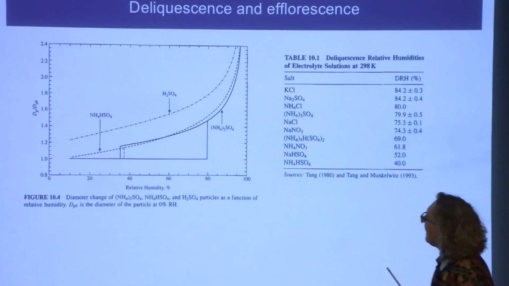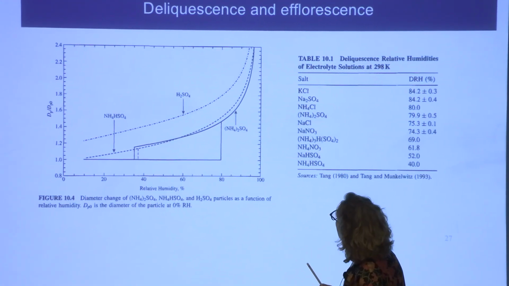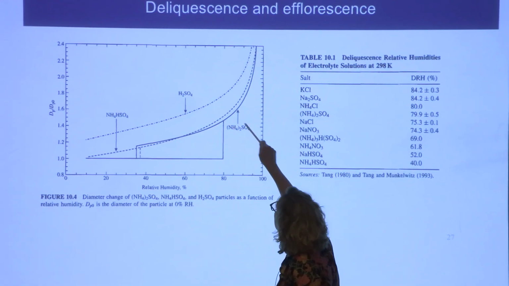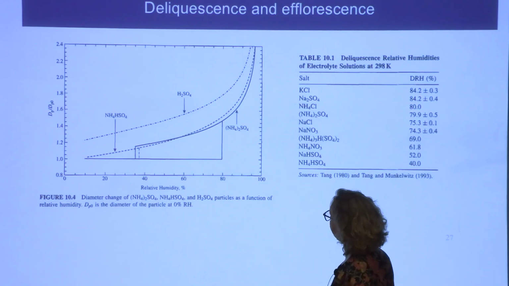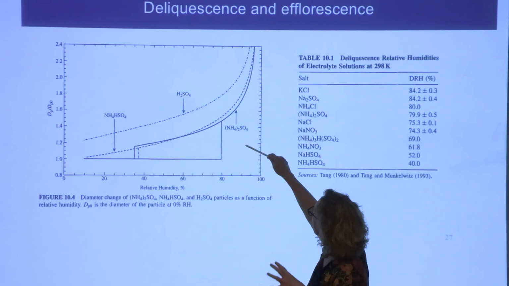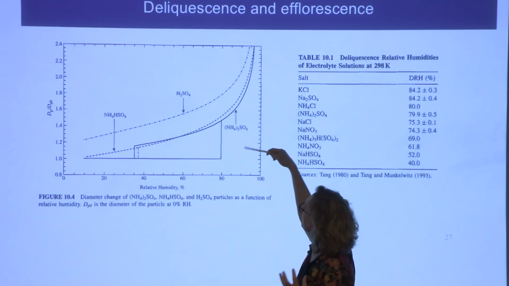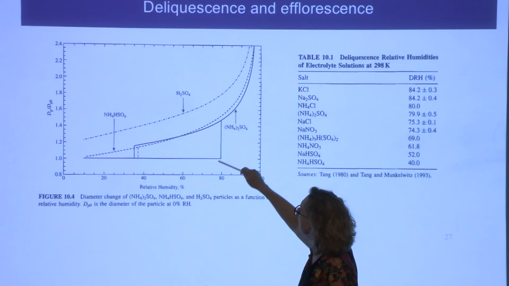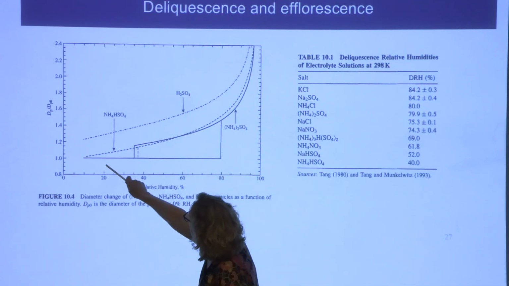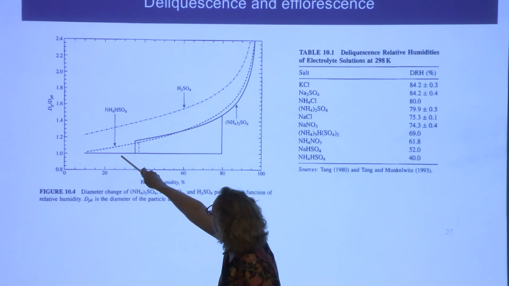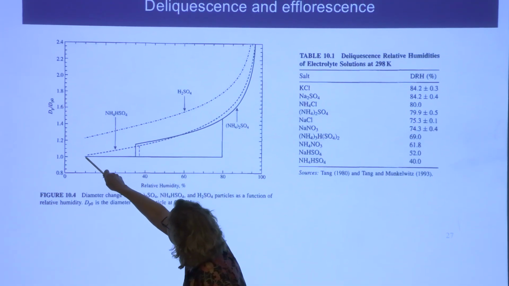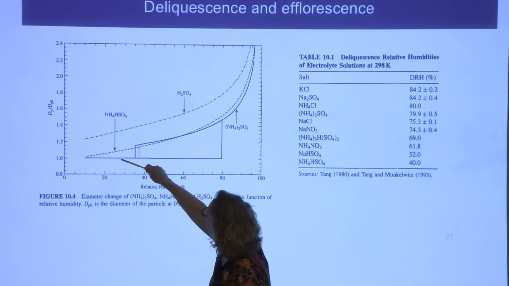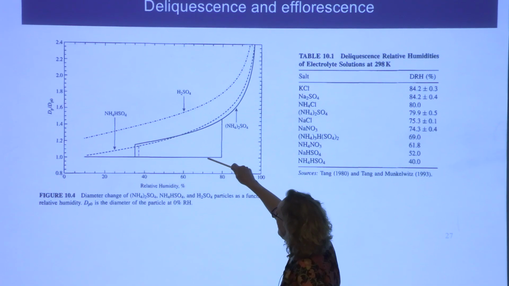Okay. And so let's look at the solid line here first, ammonium sulfate. So you need 2 parts of ammonium, 1 part of sulfate forming ammonium sulfate. So what happens for ammonium sulfate particles as we increase the relative humidity from very low to higher? Nothing happens, right?